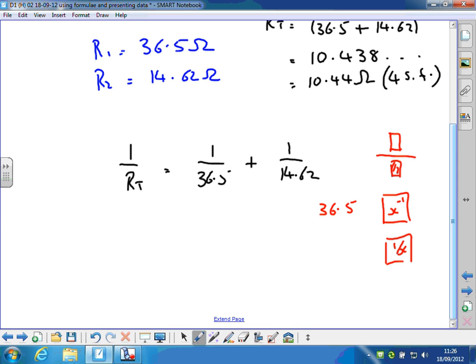It would give me 1 over that. So I would type in 36.5 x to the minus 1 button plus 14.62 to the minus 1, equals. And that would give me 1 over RT.